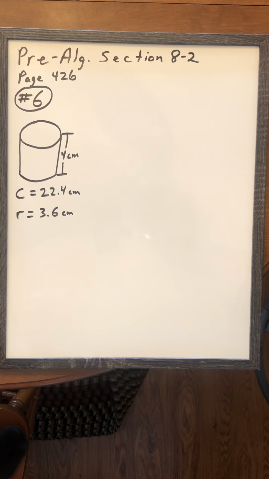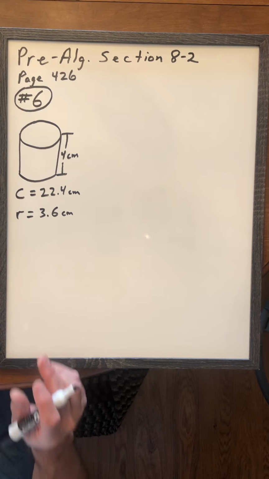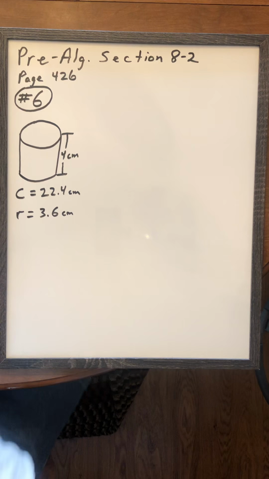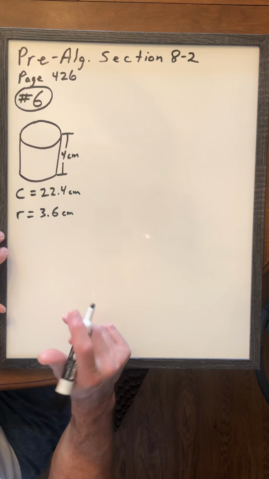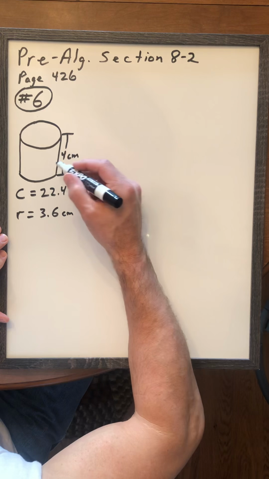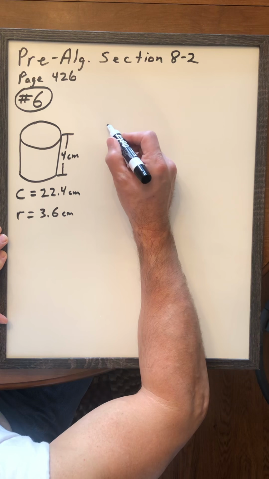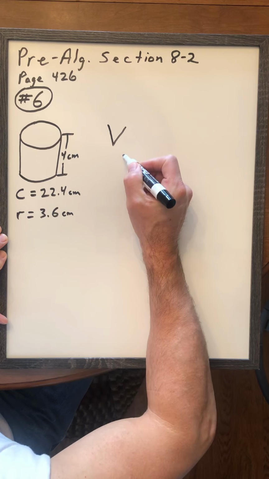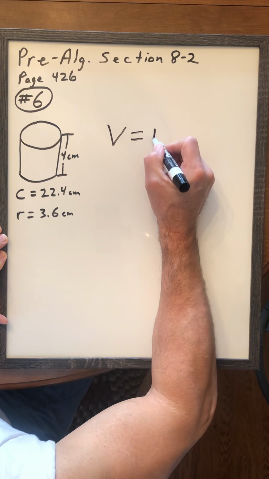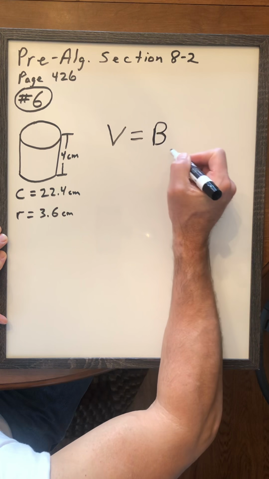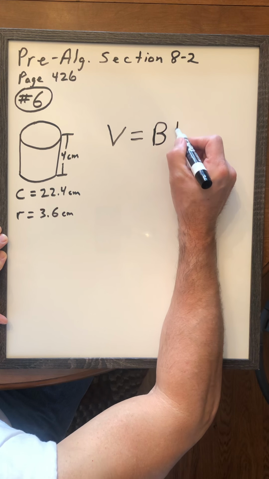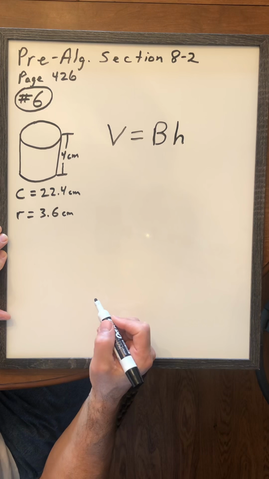And so the first thing we want to do is write the volume formula. And this is a cylinder, so make sure you get the correct formula. The volume for a cylinder is equal to capital B, which is the area of the base, times the height.